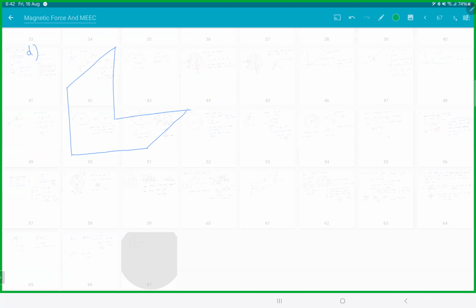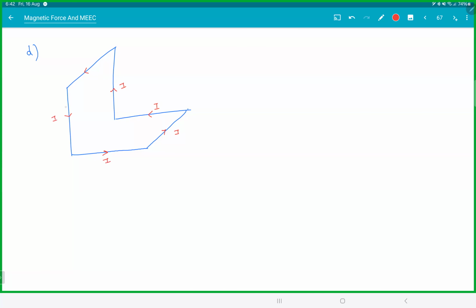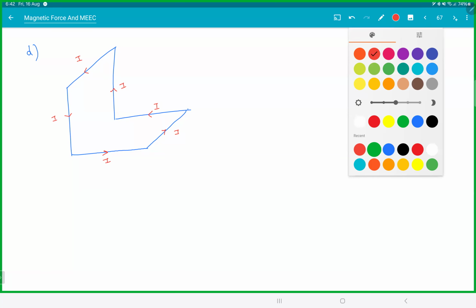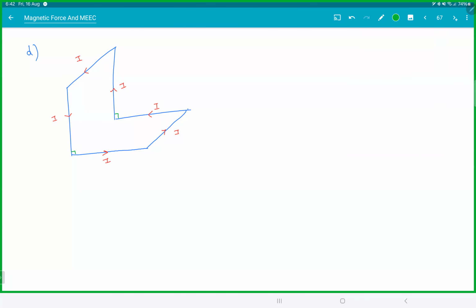So in this question, the coil is out of the plane. Find the magnetic moment of this loop.